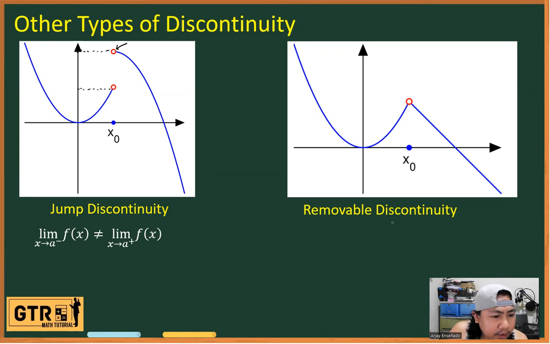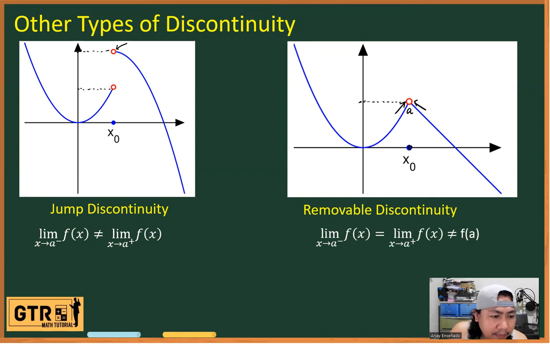Then for removable discontinuity, so mapapansin natin if this is A or x sub 0, so they have the same limit from the left of x sub 0 or A, and then from the right they have the same limit. Both approach this value. Okay? But the value of f of a is magkaiba.